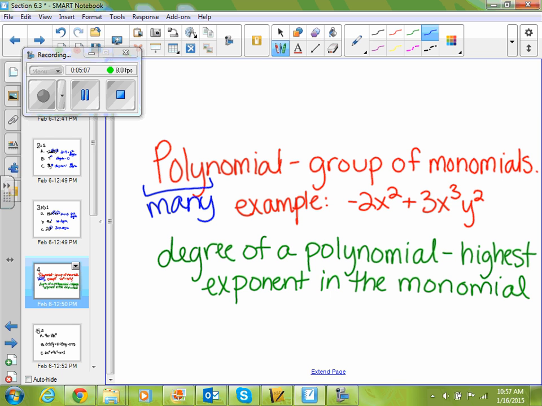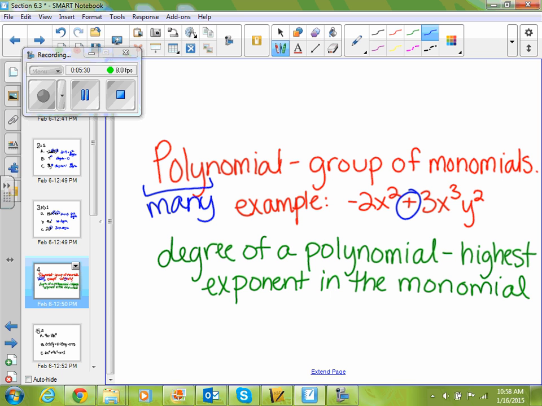An example of that would be negative 2x squared plus 3x cubed y squared. Because there's a plus sign in there, you know that you have more than one term. They are separated by pluses or minuses.